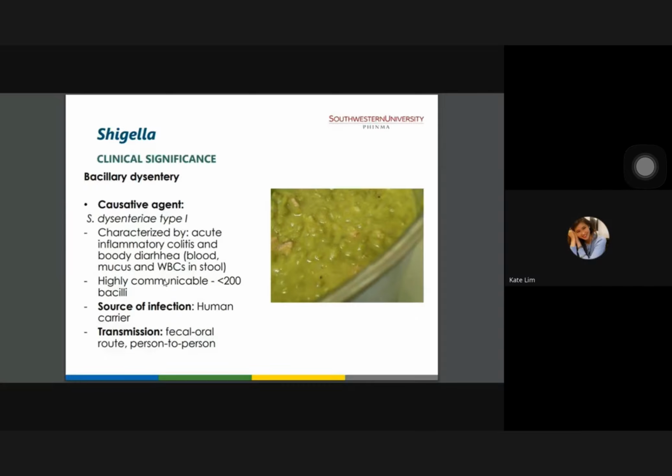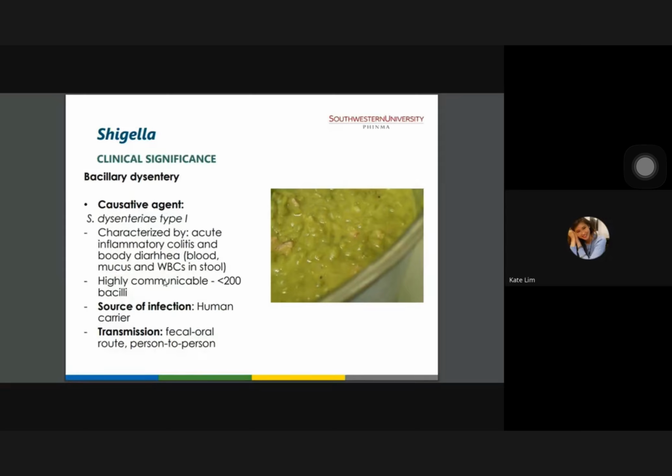These combinations of symptoms may indicate inflammation and damage to the intestinal lining. I think I have already discussed the difference between ordinary diarrhea and dysentery. The key factor of dysentery is the presence of WBCs and RBCs.